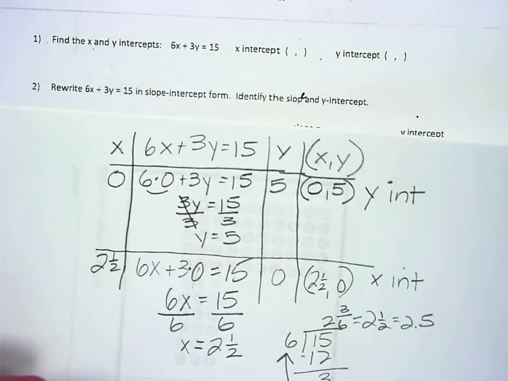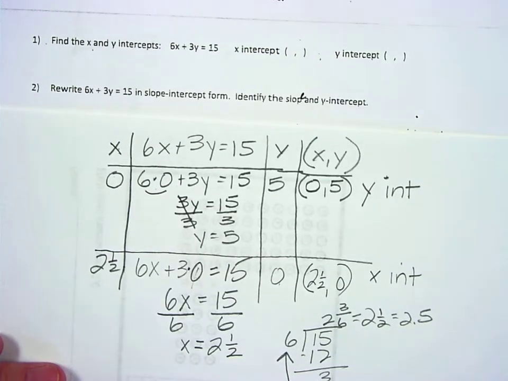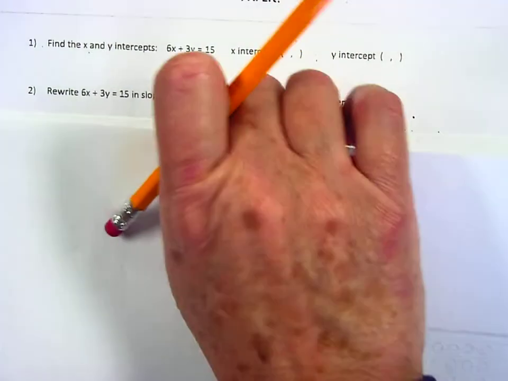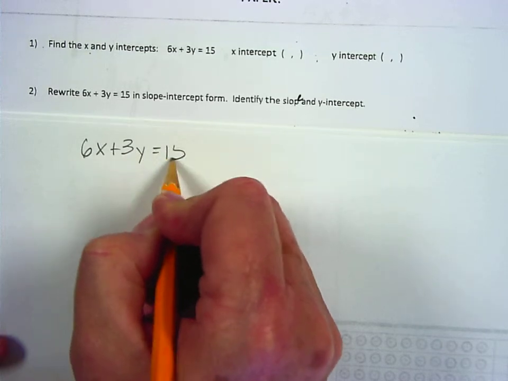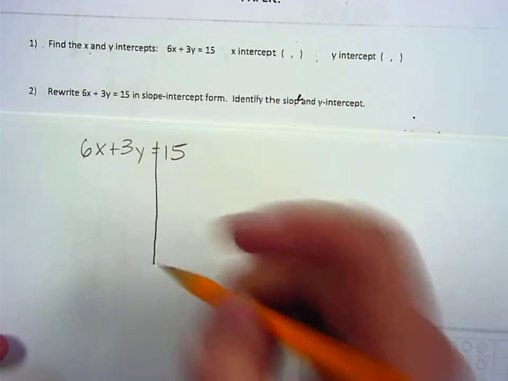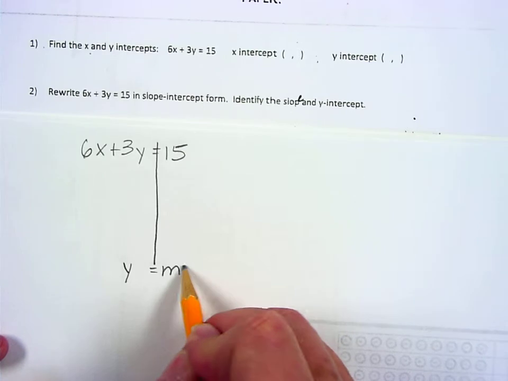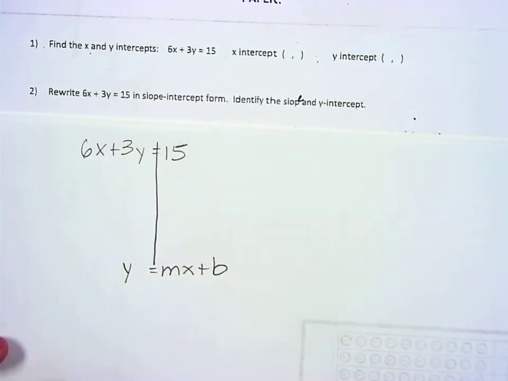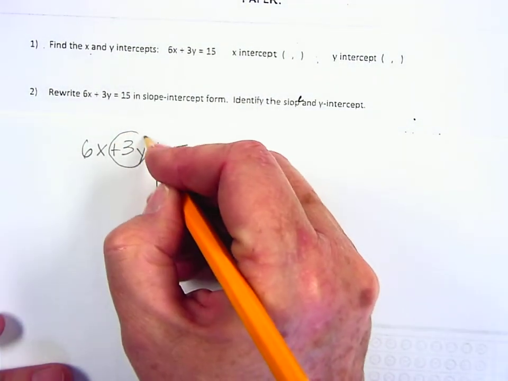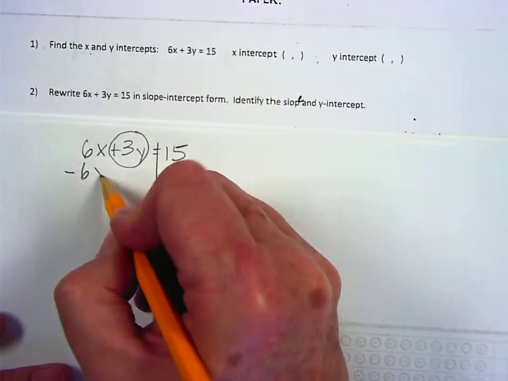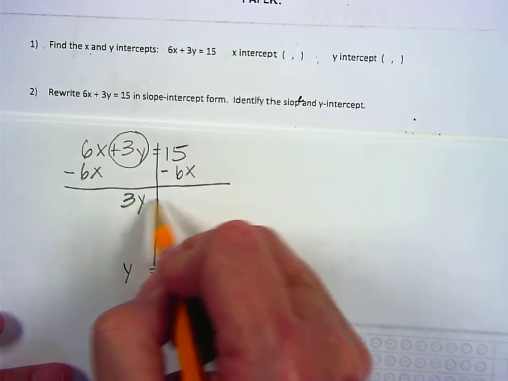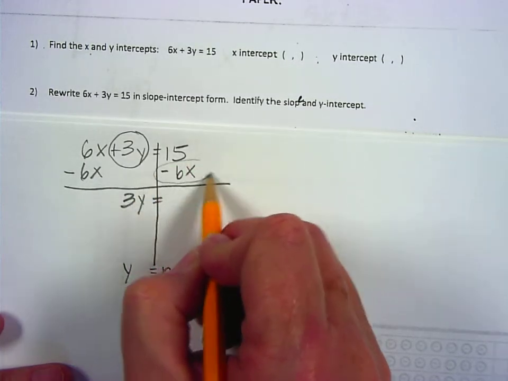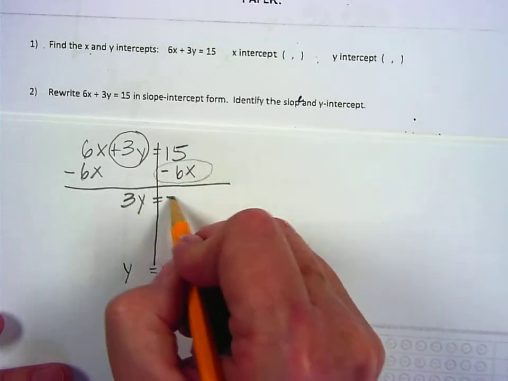Now the second thing you're asked to do is rewrite that same equation in slope-intercept form, because right now it's in standard form. Slope-intercept form means I have to isolate my y value. I have to get rid of 6x. 3y equals negative 6x plus 15, and I can't combine these because they're not like terms.